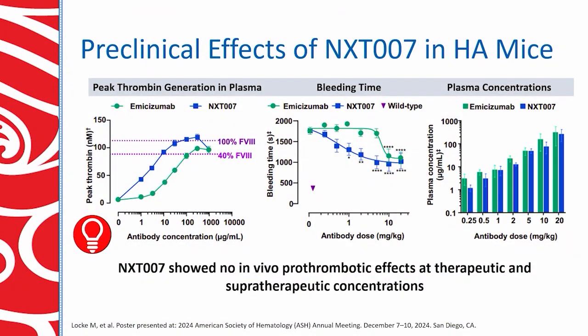Focusing on NXT007. Here we have preclinical data, and you can see in the first figure the green curve shows the peak thrombin generation with the use of emicizumab, and if you look at the blue curve, you can see that there is significantly more thrombin generated with this new agent NXT007 in mice.